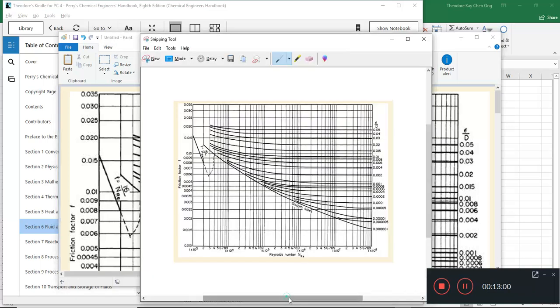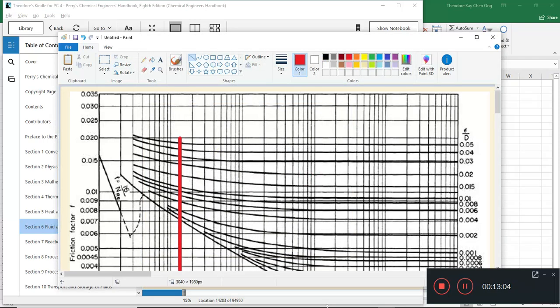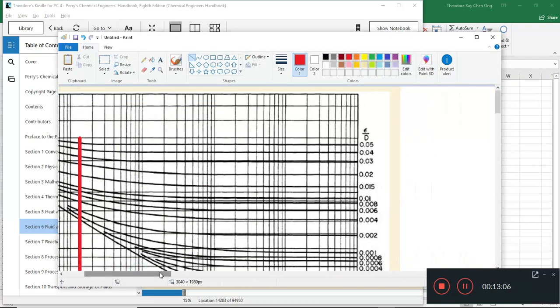If you scroll a little bit to the right, you can see these numbers here. This is for something called the surface roughness to diameter ratio.